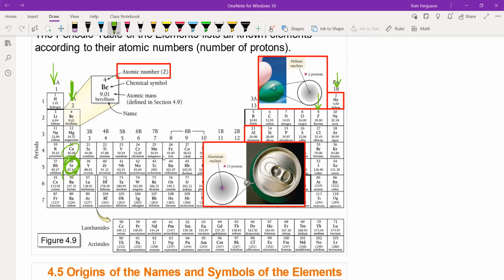Well, they can use a lot of elements to do things. It has to do with the half-life. Yeah, that's what we're talking about here.